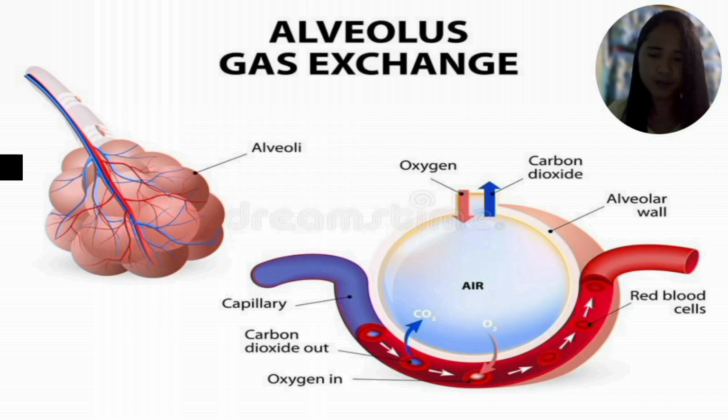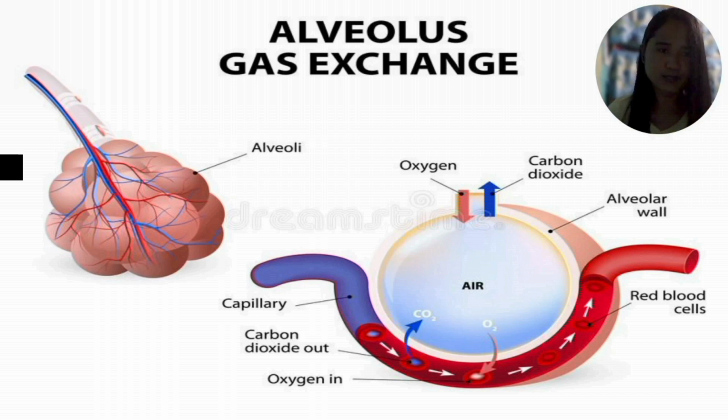At the same time, the carbon dioxide molecules in the alveoli are blown out of the body the next time a person exhales. So gas exchange allows the body to replenish the oxygen and eliminate the carbon dioxide. Doing both is necessary for survival. Did you get it, class?